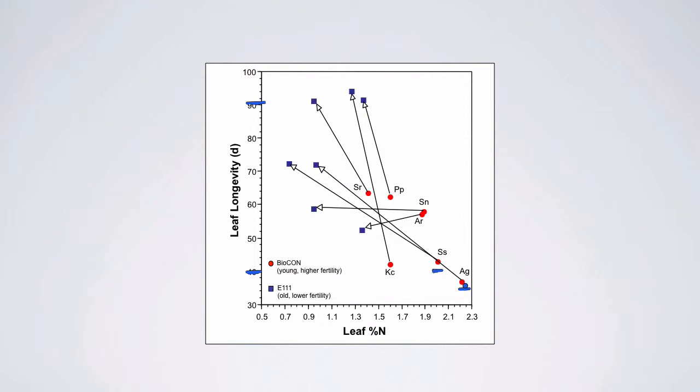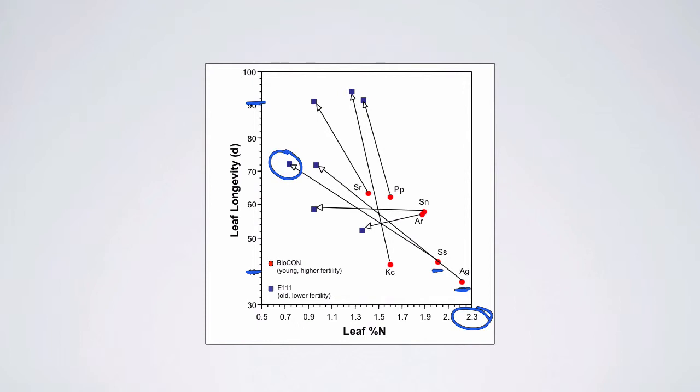One grass, when it's growing in one experiment, can have a relatively high nitrogen concentration and leaves that don't live that long. But in a different experiment, it can have a low nitrogen concentration and have one of the highest leaf longevities. And you can see that there's as much variation within a species as there is among.